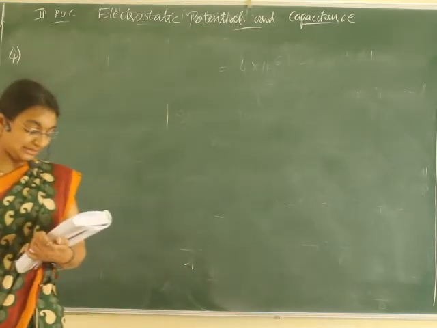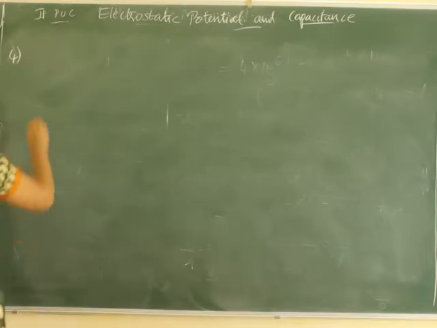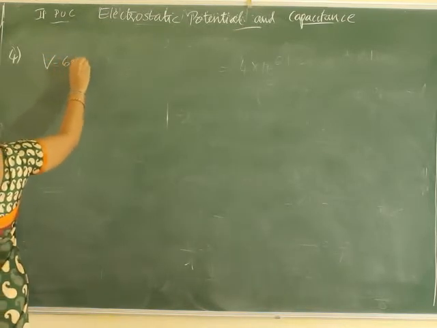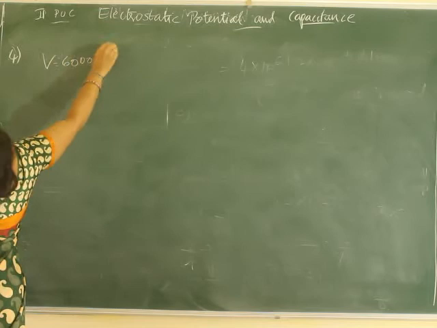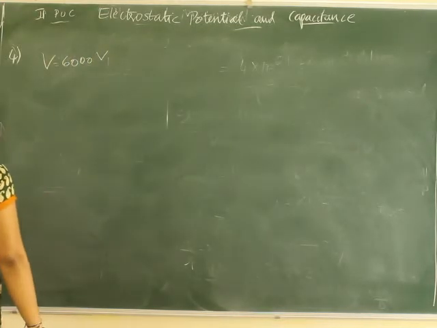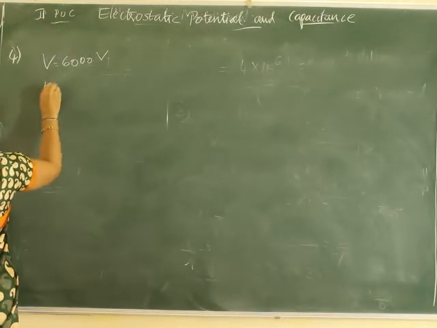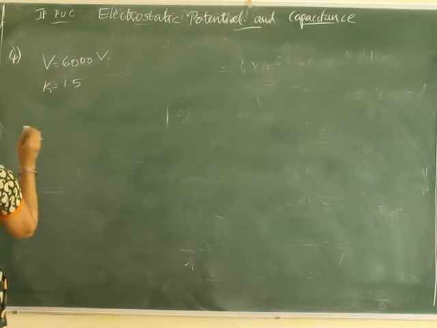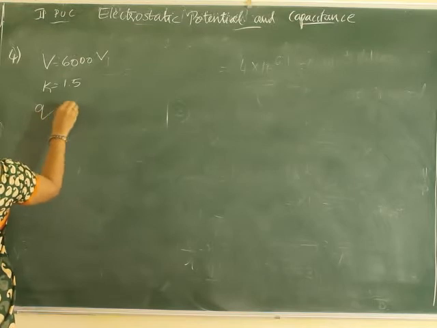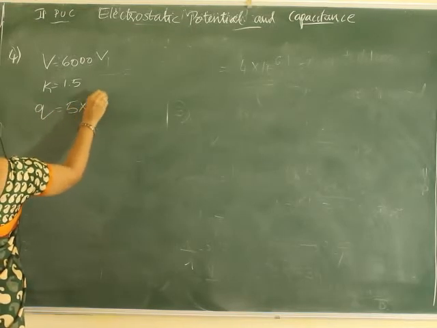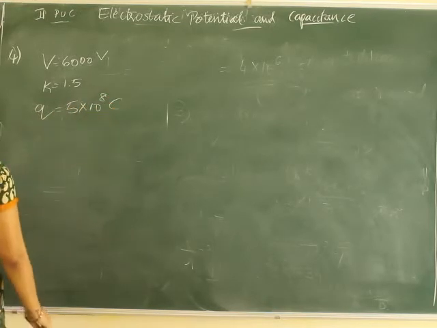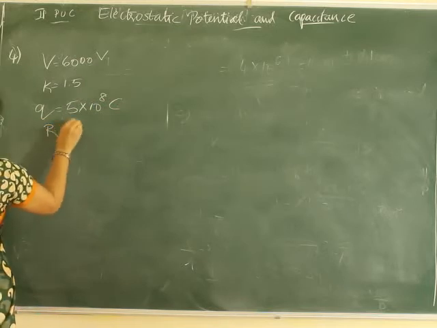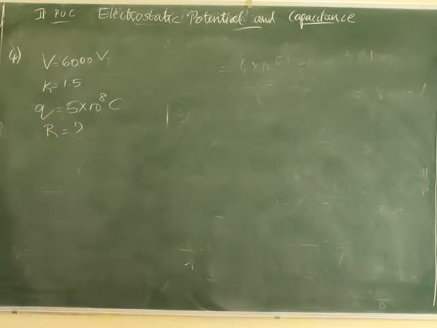Okay, spherical conductor will have potential how much? 6000 volt when surrounded by an oil of dielectric constant given, charged with the charge also given. Calculate the radius of the spherical conductor. We know the formula to calculate it. What is the formula for the capacitance?